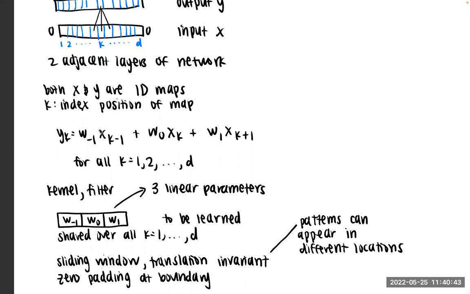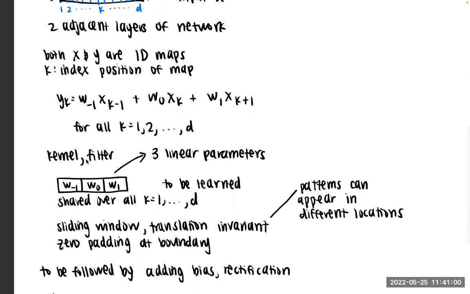You put a filter at different locations and positions, and then you use the same weighted summation of the 3 adjacent values to compute y. After we get this linear combination, we can then add the bias term and also apply rectification, for example ReLU, just like a regular neural network.